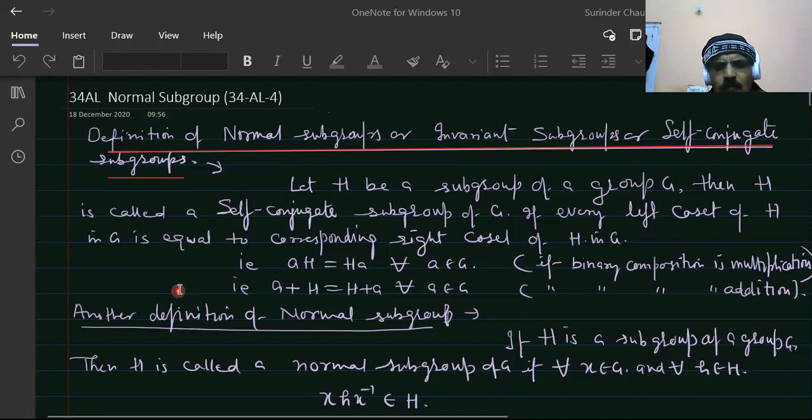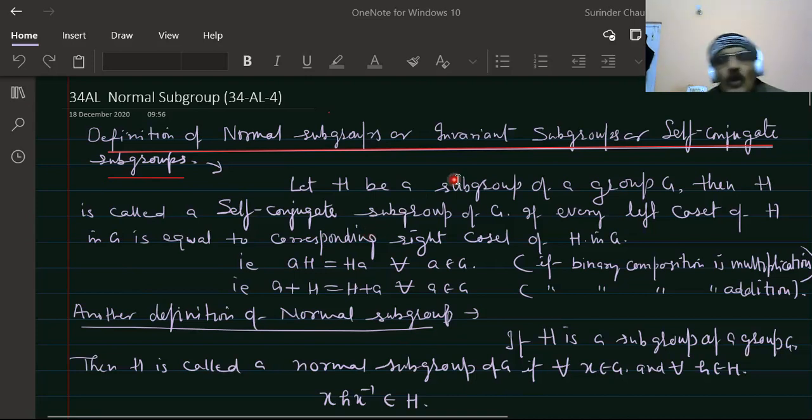Suppose a belongs to G. The set of h into a, where h belongs to H and a belongs to G, is called the left coset. And the set of all h into a, Ha, such that for all h belongs to H and a belongs to G.